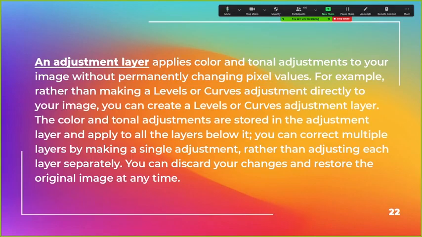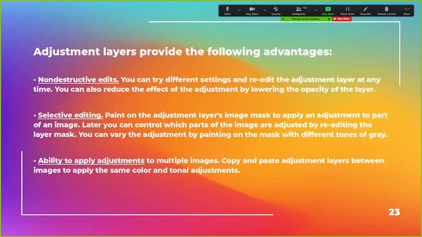You can create a levels or curves adjustment layer sa layers mo. The color and tonal adjustments are stored in the adjustment layer and applied to all the layers below it. You can correct multiple layers by making a single adjustment rather than adjusting each layer separately. You can discard your changes and restore the original image at any time. So, yan yung adjustment layer, which I will discuss naman later.